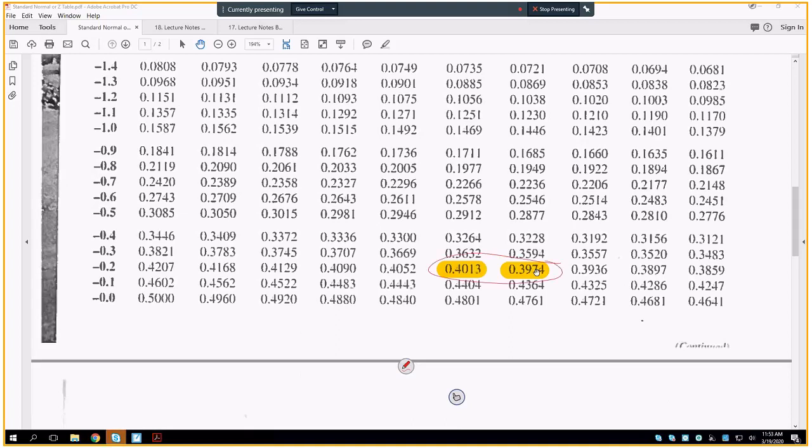But as we've encountered before, we don't get exactly 0.4. So I have to take the average of these two z-scores. And this is negative 0.20, 21, 22, 23, 24, 25, 26. So between negative 0.26 and negative 0.25.